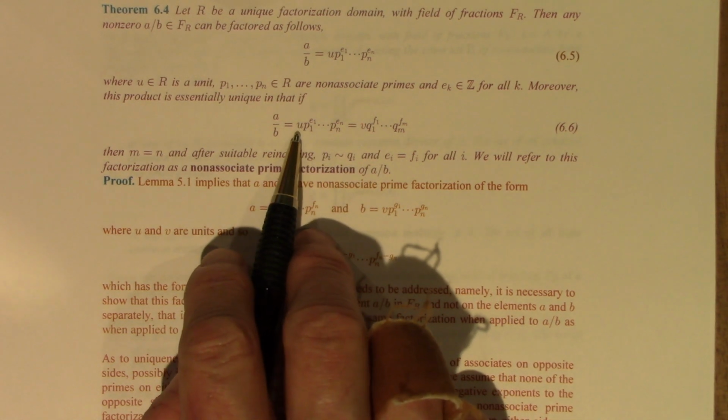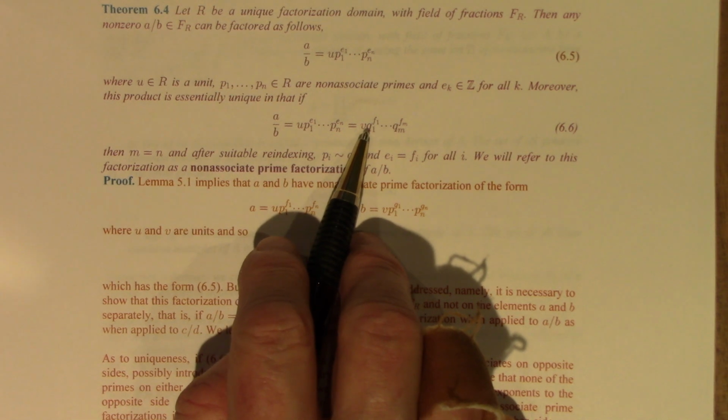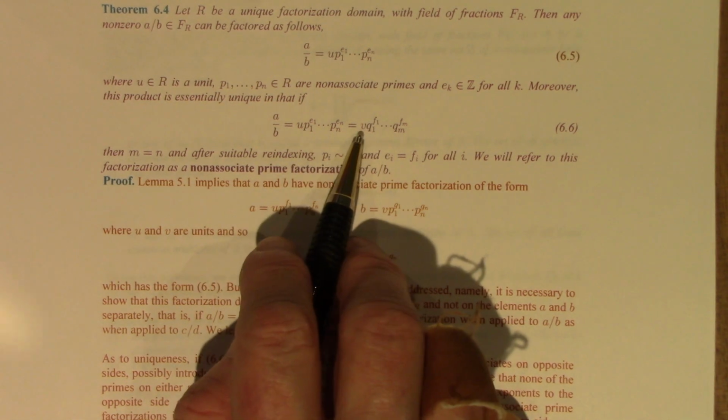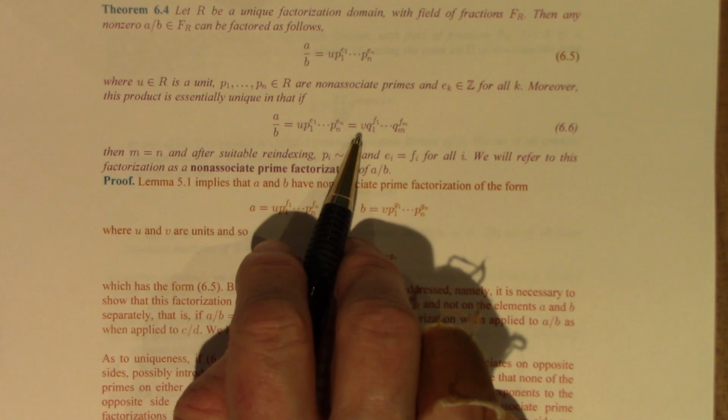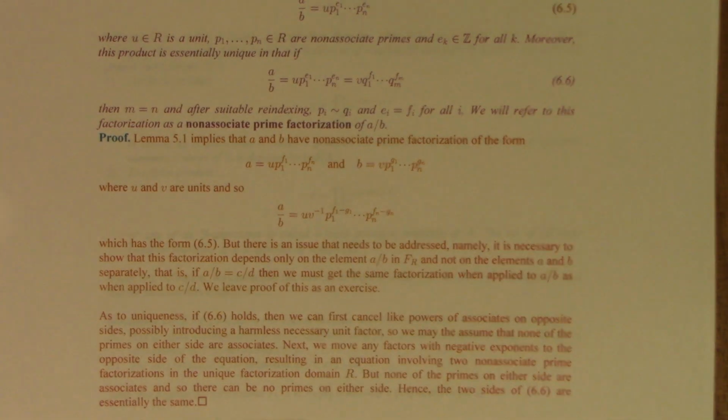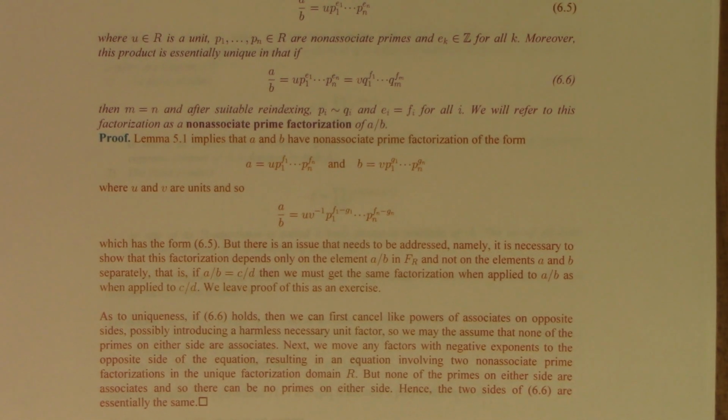And we say nothing about the units U and V. They don't have to be related, at least not in any obvious way. And I'm going to refer to this, just as we did before, as a non-associate prime factorization of the element A over B in the field of fractions.